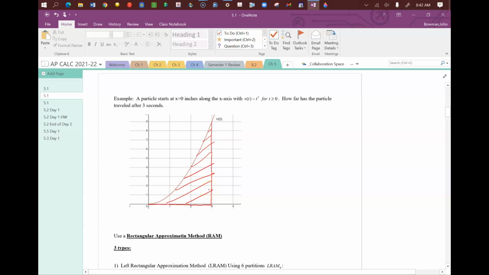In this case, you might do something relatively simple, like saying that the distance, which is equal to the area, is approximately the area of the triangle, so 1/2 times the base of 3 times the height of 9, which is half of 27, or approximately 13.5, and the unit would be inches.